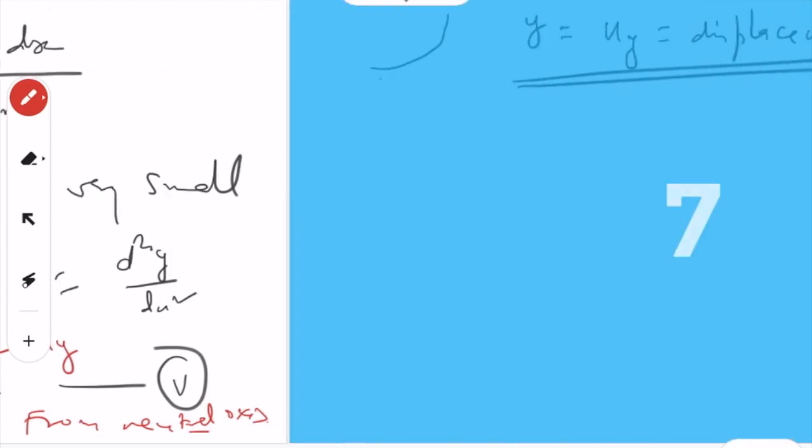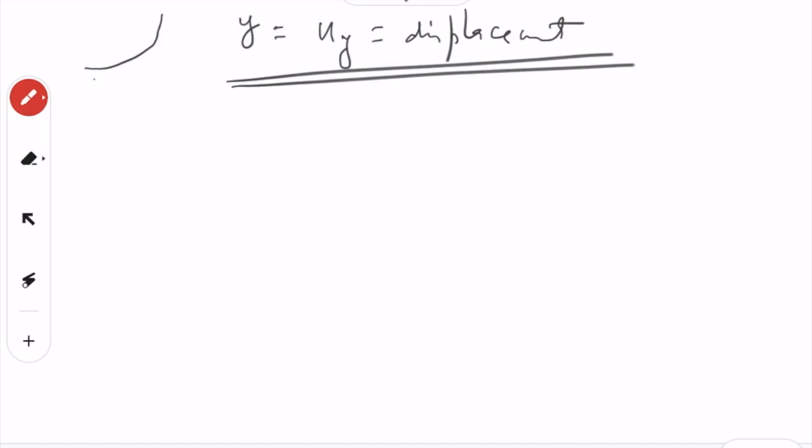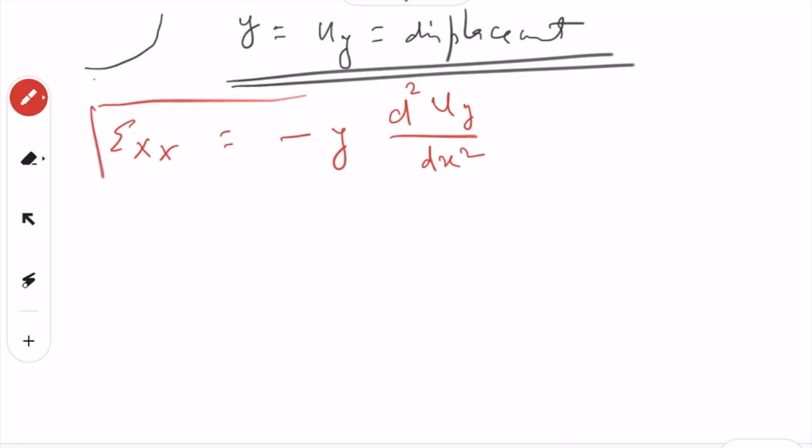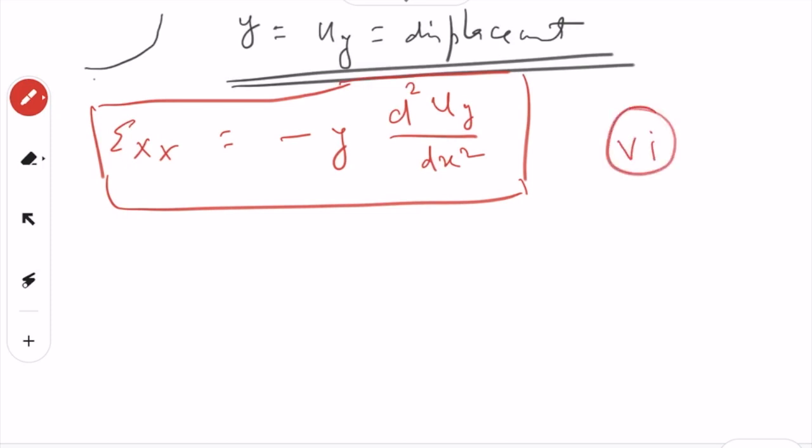So our equation will be epsilon xx equal to minus y d squared uy over dx squared. So we write like this. This is equation number 6: strain equals minus y d squared uy over dx squared. Why?